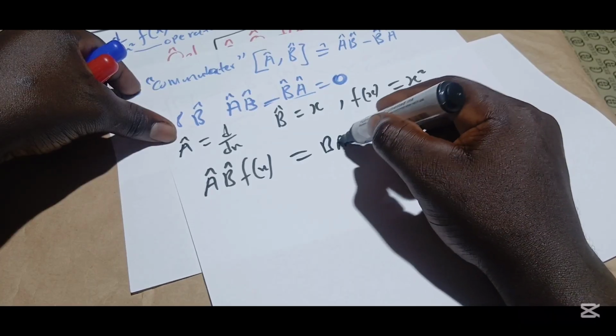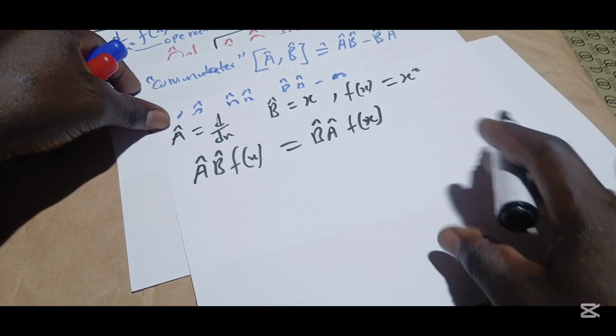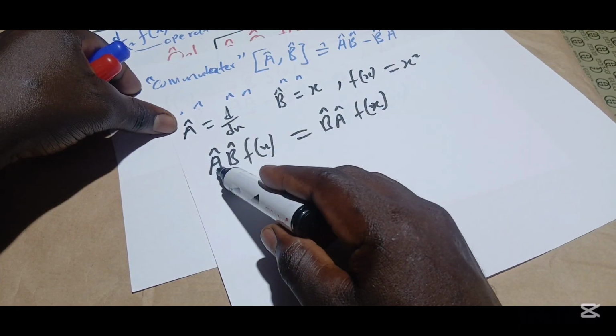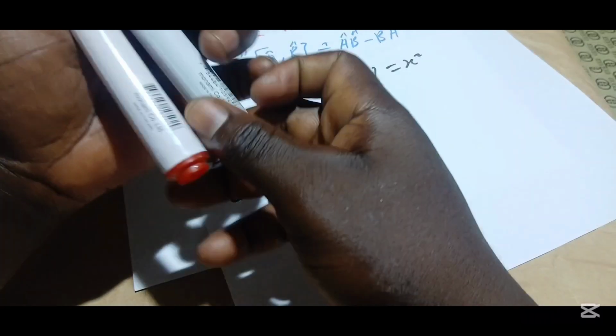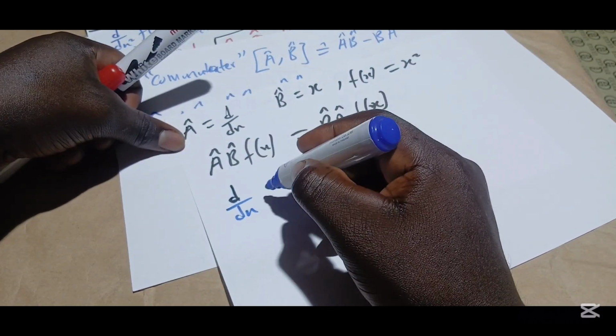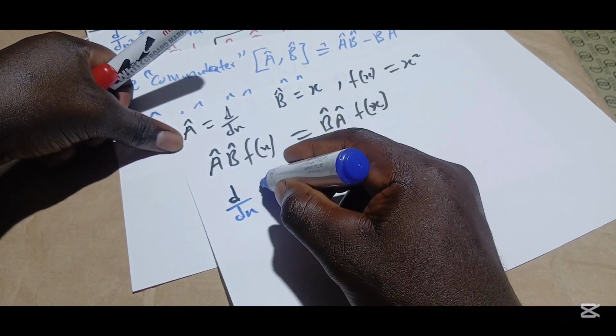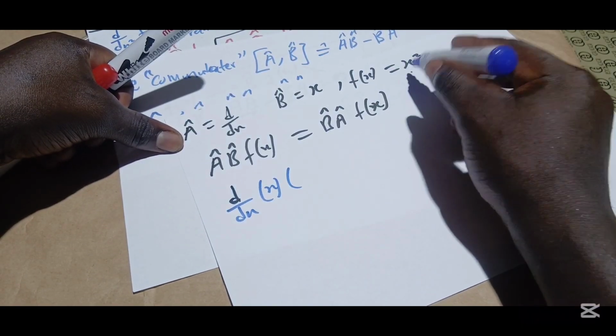So now we have our operator A to be the derivative d dx, and our B to be x, and then our function to be x squared.